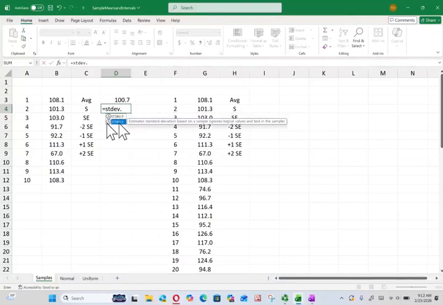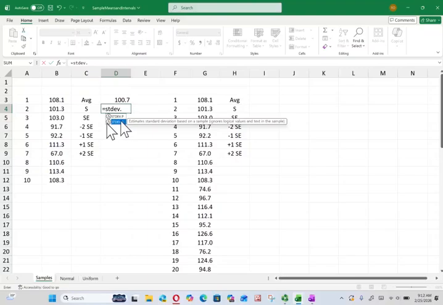We always have a sample, so I'll always use .S. The only difference between these two is the divisor. The .P uses a divisor of n. The .S uses a divisor of n minus 1. So for anything bigger than 25 or 30, there's no distinction between these two.